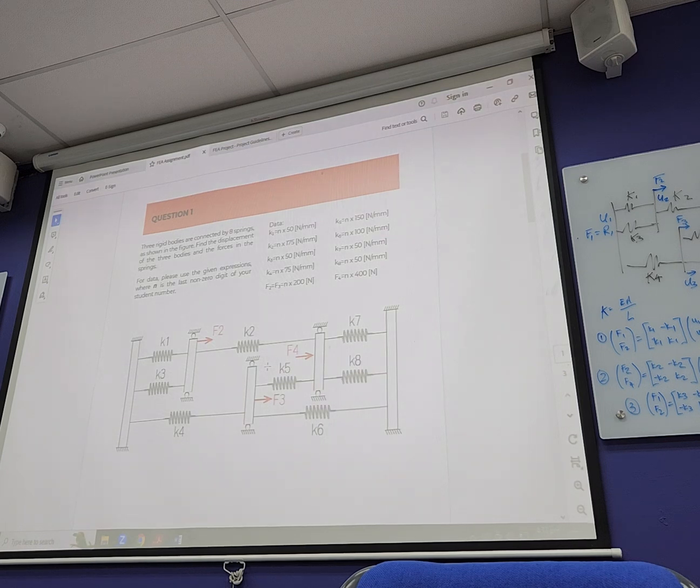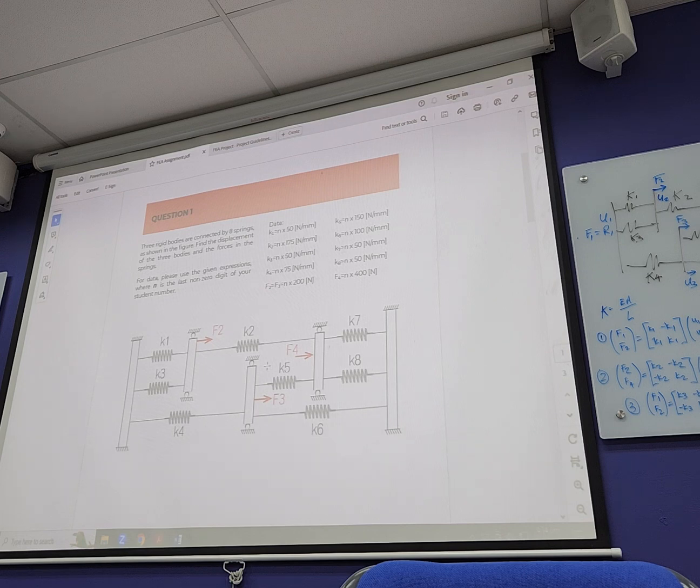Correct? So I reduce my stiffness matrix to a 3 by 3 matrix. First row: K1 plus K3 plus K2, 0, negative K2. Second row: 0, K4 plus K5 plus K6, negative K5.